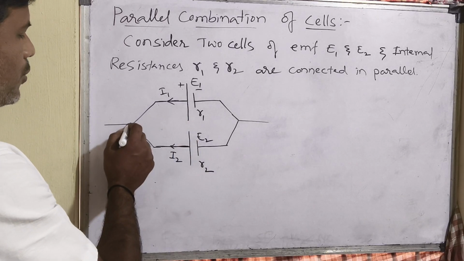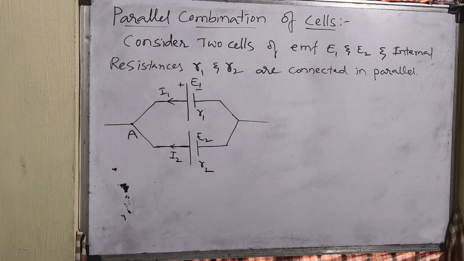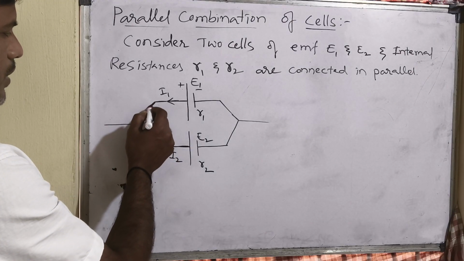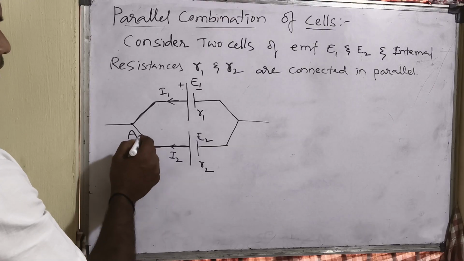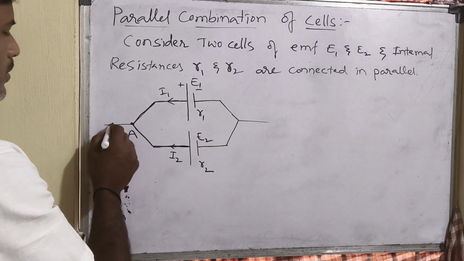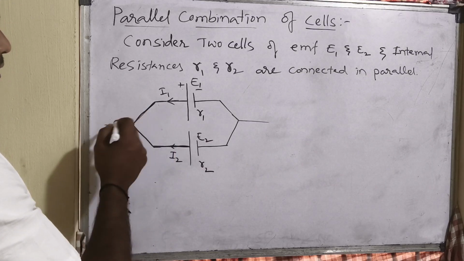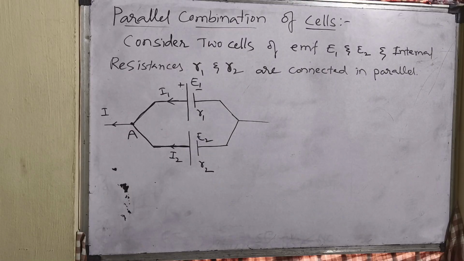These two cells are joined at point A, which is called a junction. I1 and I2 combine here and flow together as the current I.